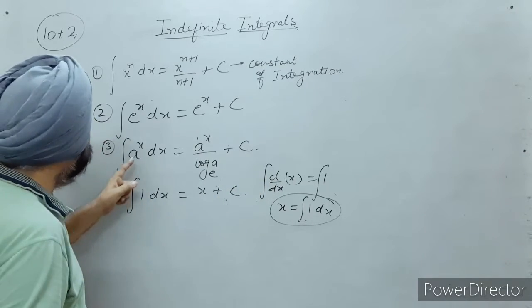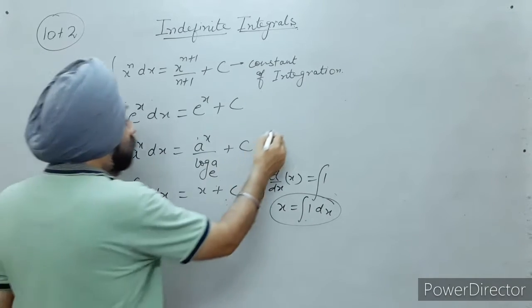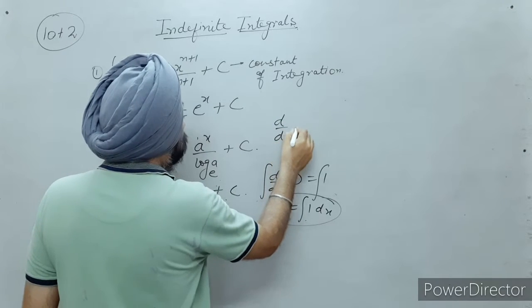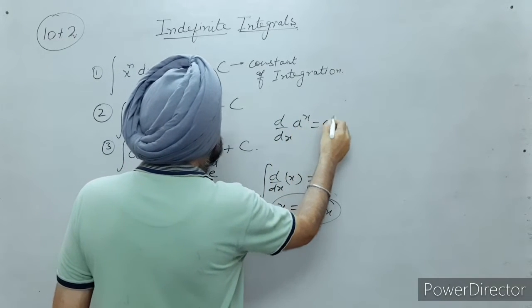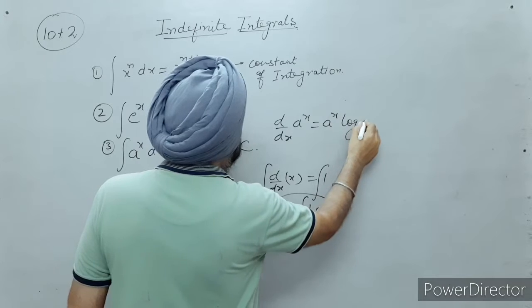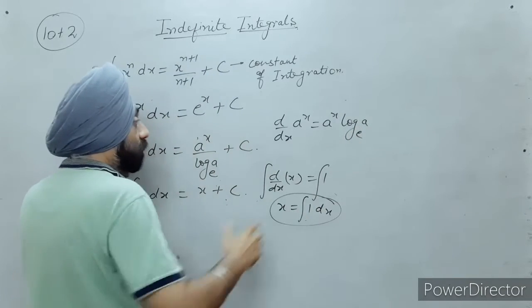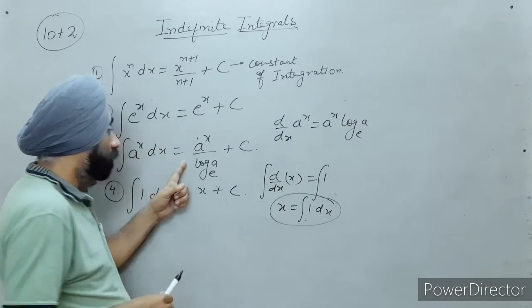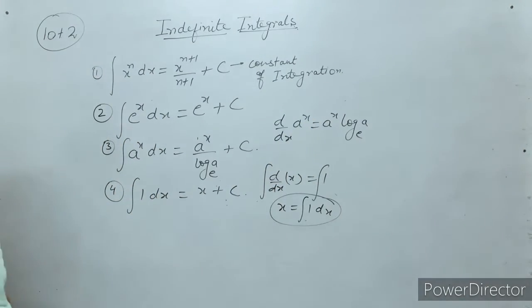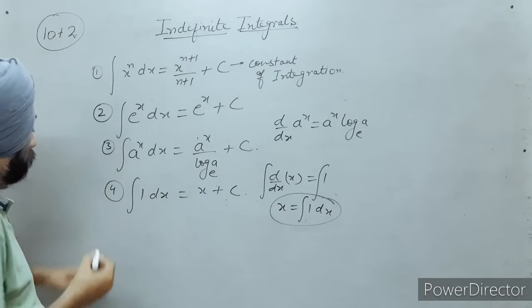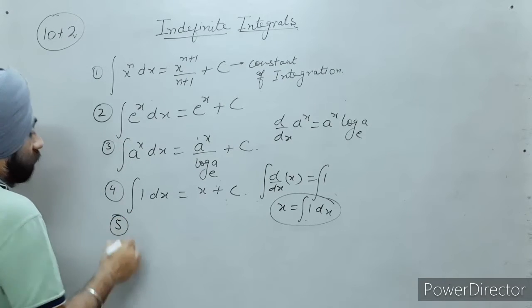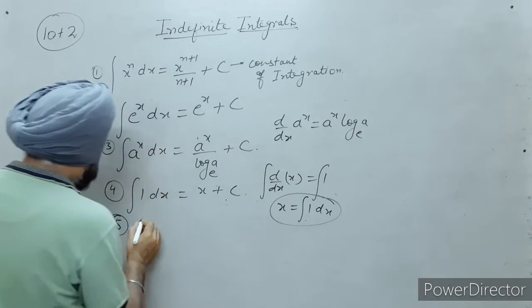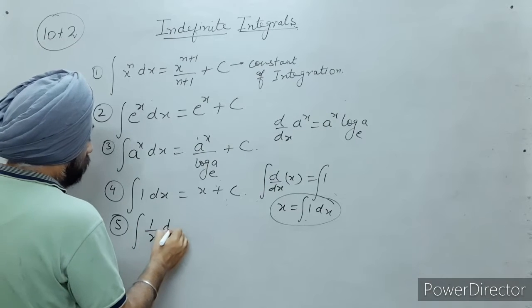Similarly over here, derivative of a to the power x was a to the power x into log of a to the base e. Bring this log a to the base e to this side, then integrate both sides, so you will get the required answer.